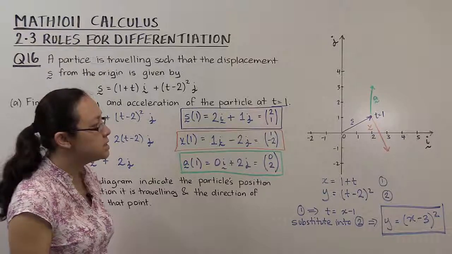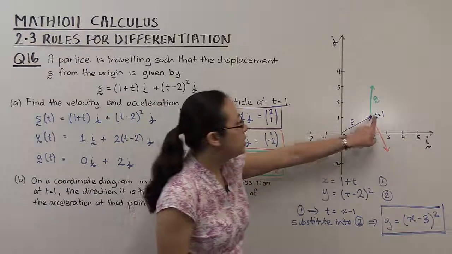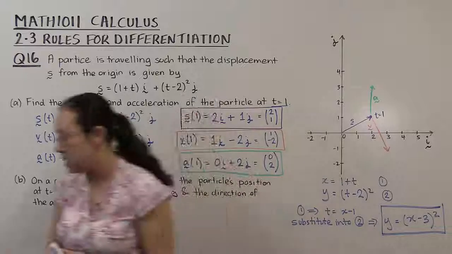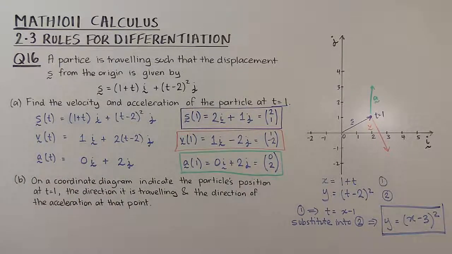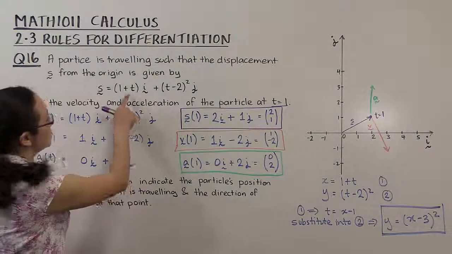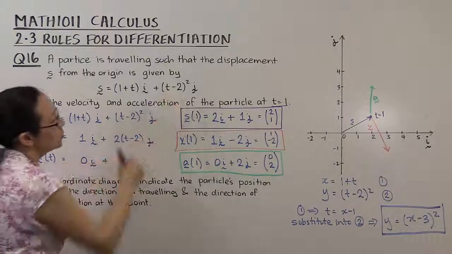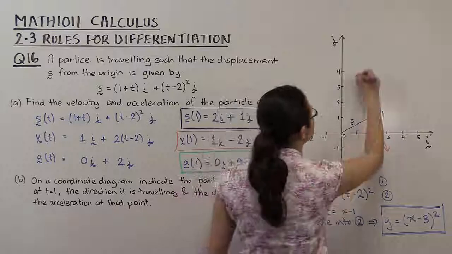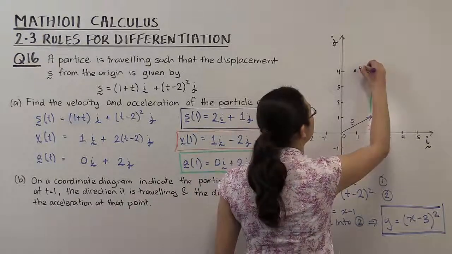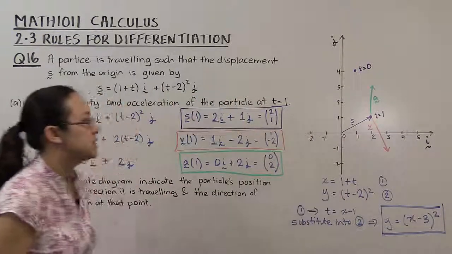Okay, so t is the parameter. At time 1, the particle happens to be there. I could plug in time 0. If I plugged in time 0, it would be at 1i plus 4j, and we would know that at time 0 it was here, and we could also work out its velocity and acceleration there.